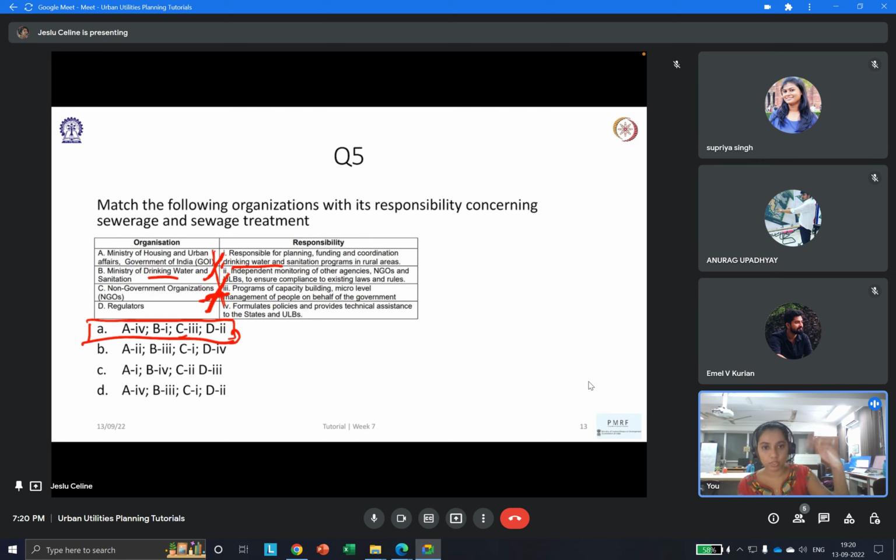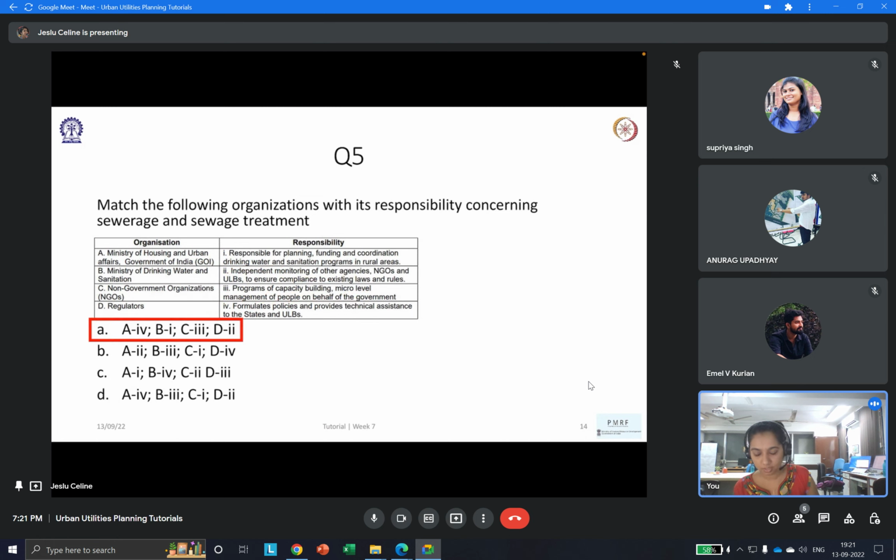They are the final authority from whom the approval and all assistance comes, but the main workers, in monitoring, programs of capacity building, and micro level management, are NGOs. So option A is the right answer.